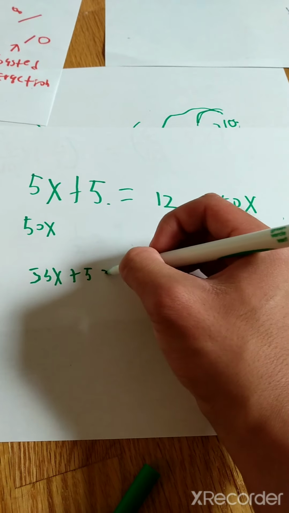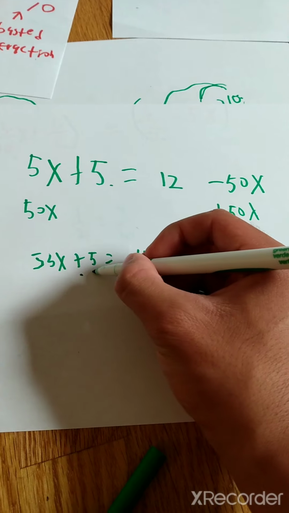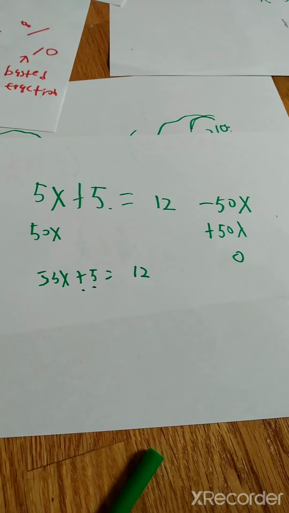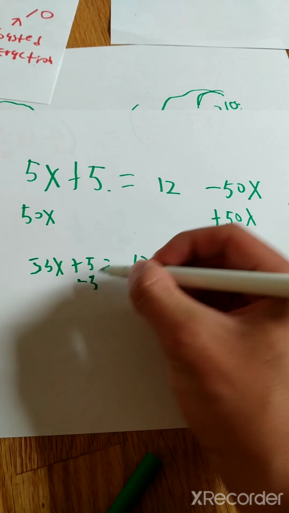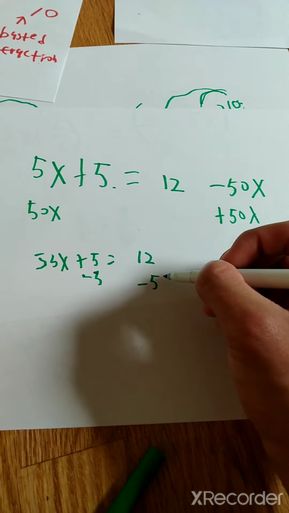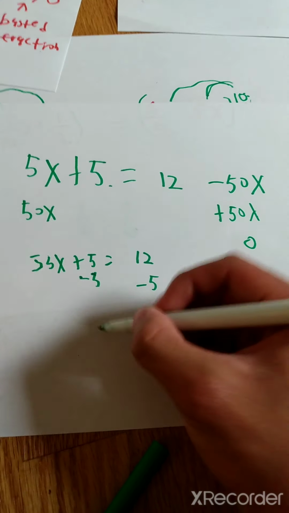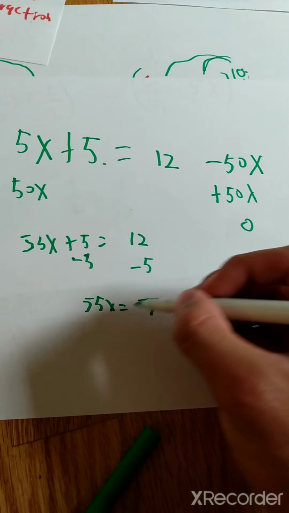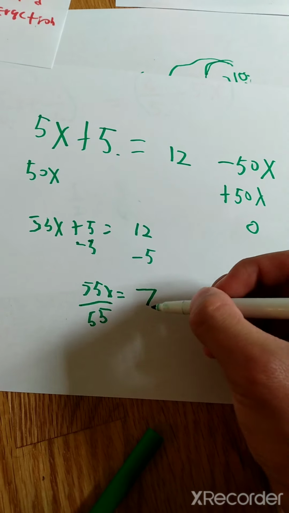Plus 5 equals 12. Then we have that positive 5 and we can use SPE or the subtraction property of equality. So we subtract that by 5 and subtract that by 5. We're going to get an answer of 7. So 55x equals 7. So then we have to divide by 55 and simplify normally.